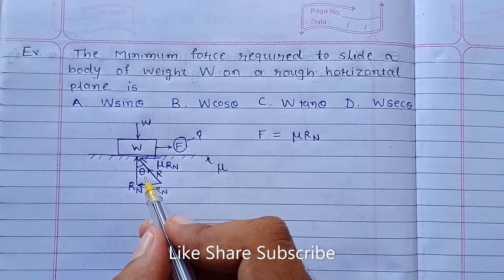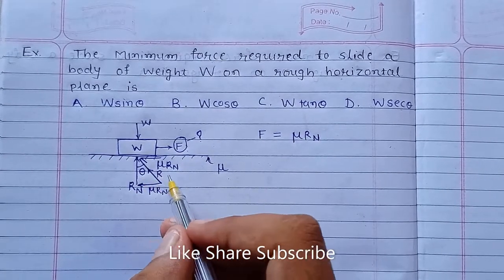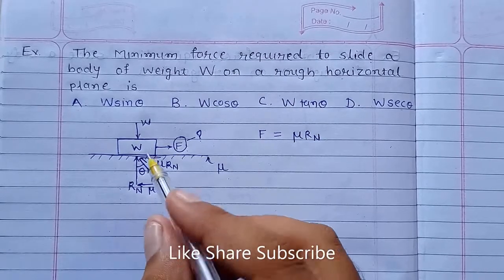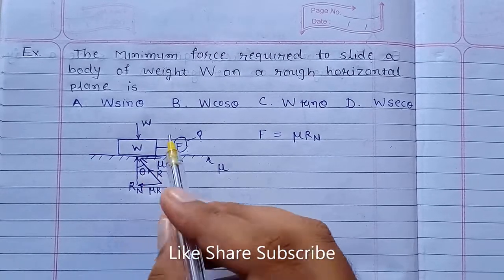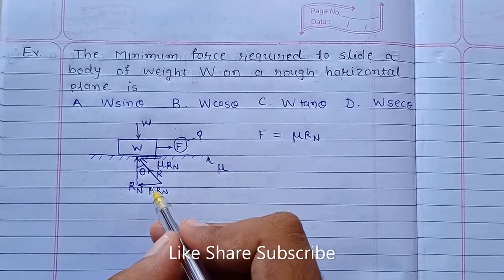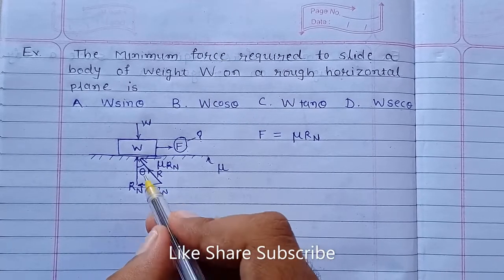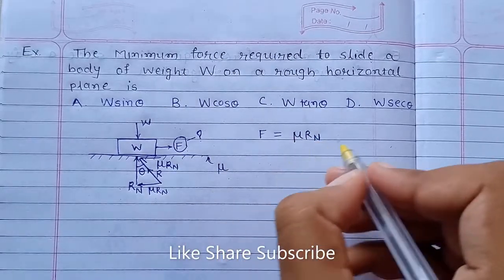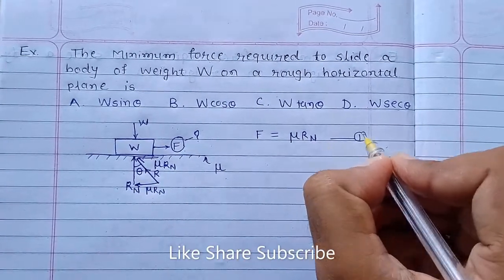Theta is the angle which the resultant makes with the normal force. If we apply tan theta, then tan theta is equal to the opposite side, mu Rn, divided by the near side, that is Rn. Let's say this is our equation number 1.